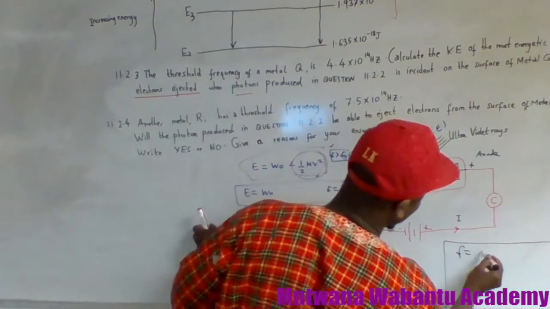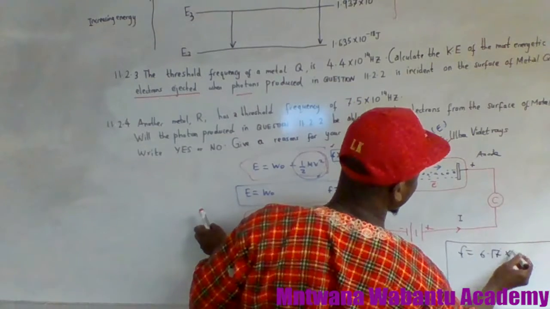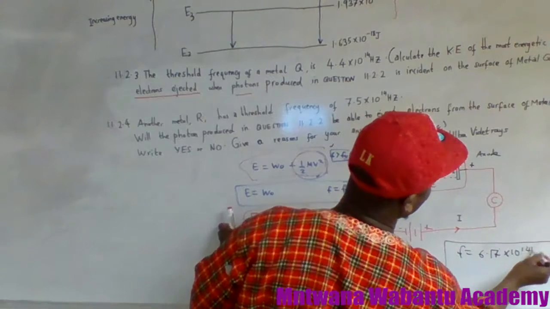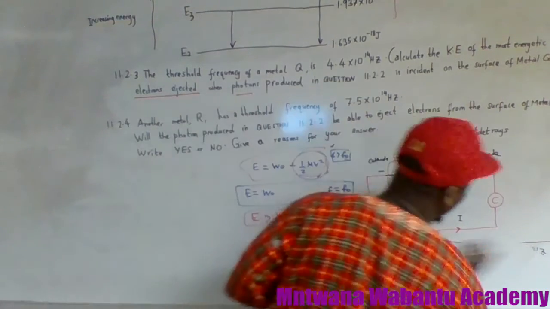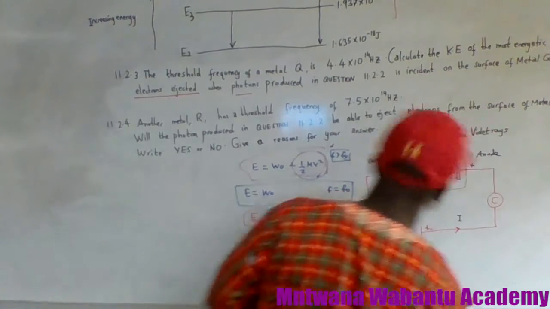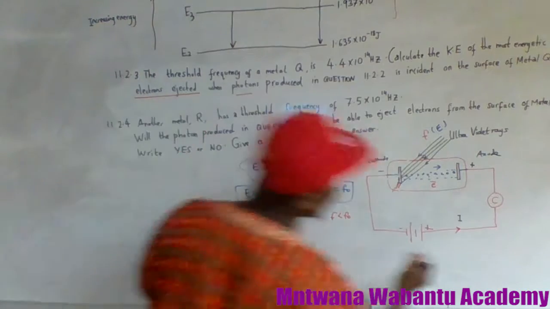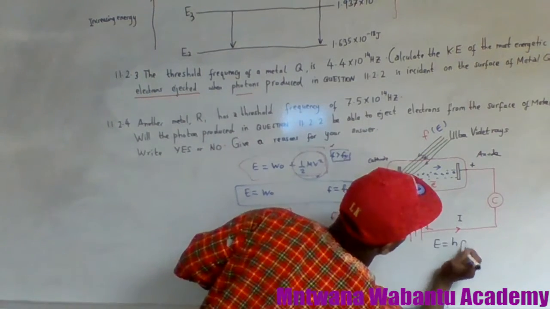It was 6.117 times 10 power 14 hertz. Let me remind you how I got it. In the first part, we want to get the frequency of the light. So I say energy equals hf.